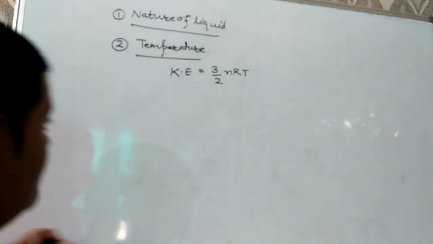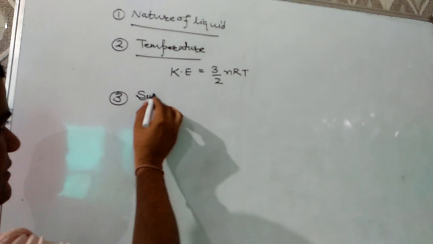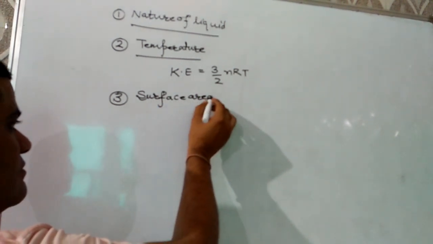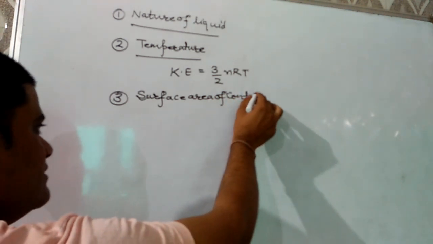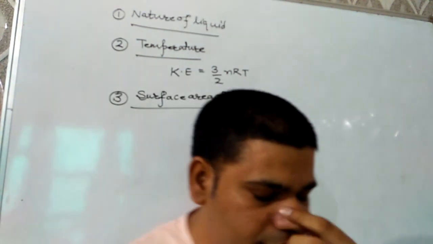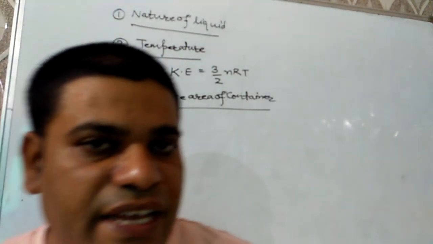Next factor is the surface area of the container. As I am saying, evaporation is a surface phenomenon, so it will depend on the extent of surface area.